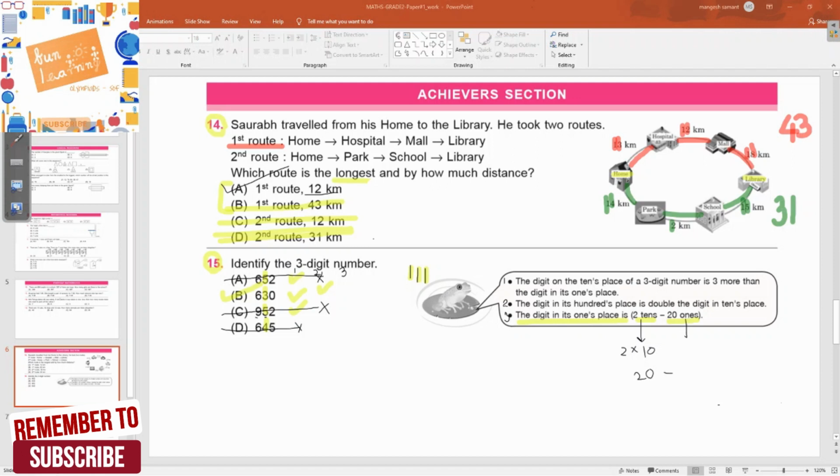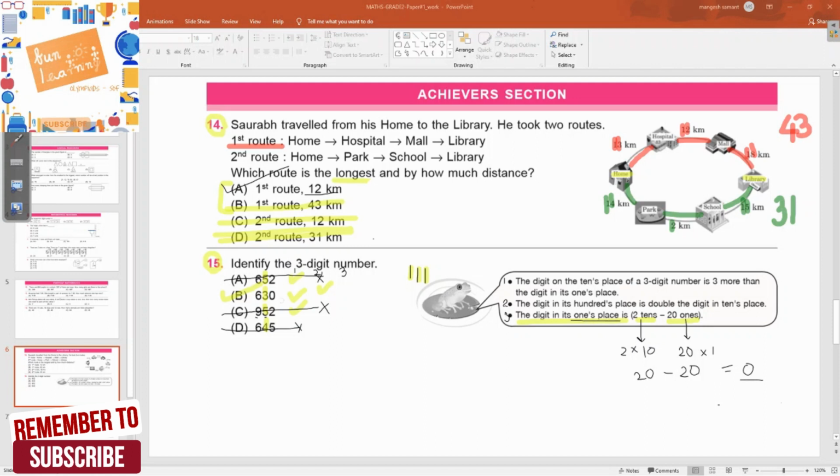And minus 20 ones. Now what is 20 ones? It is 20 times 1, which is equal to 20. So what is 20 minus 20? Equal to 0. So what they are saying is the digit in the ones place is 0.